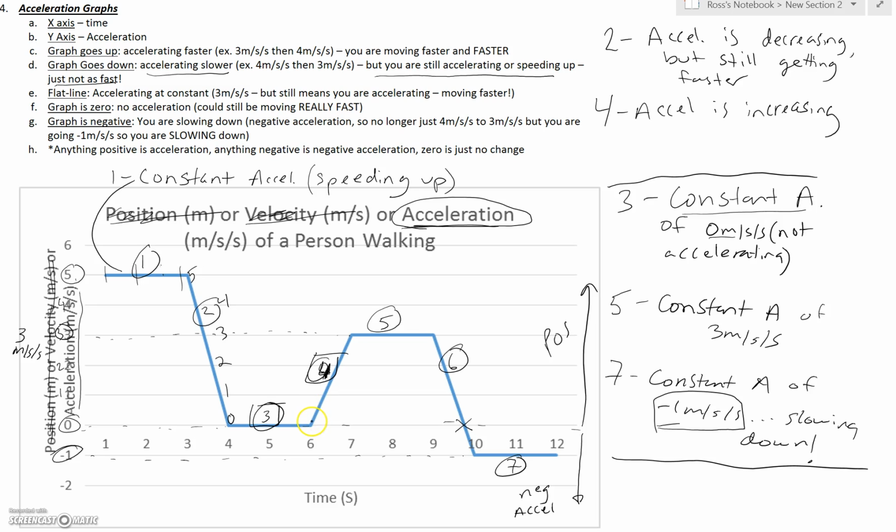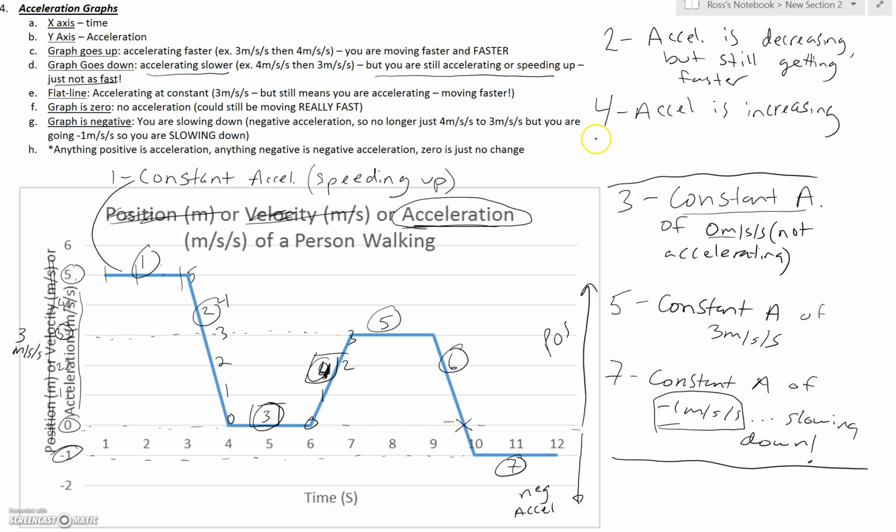So rather than accelerating at 0 meters per second, so not at all, we're just staying the same speed, we're now going up by jumps of 1, jumps of 2, and then jumps of 3. So how quickly we're getting faster is getting faster. Remember, acceleration is a rate of a rate. So here we are increasing how much we are increasing our speed by. Kind of confusing to think about.